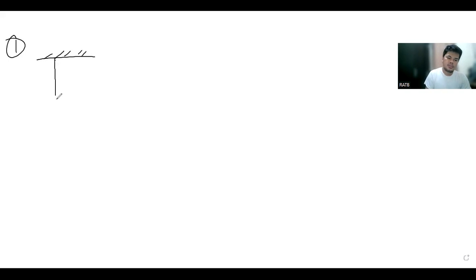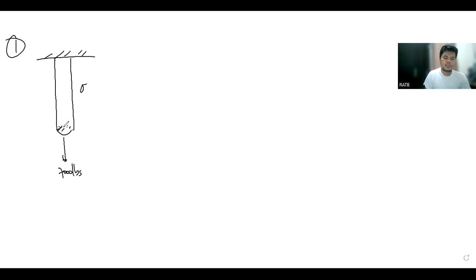You have a steel member whose cross-sectional area is circular, subjected to a tensile force of 7,000 pounds, as given.